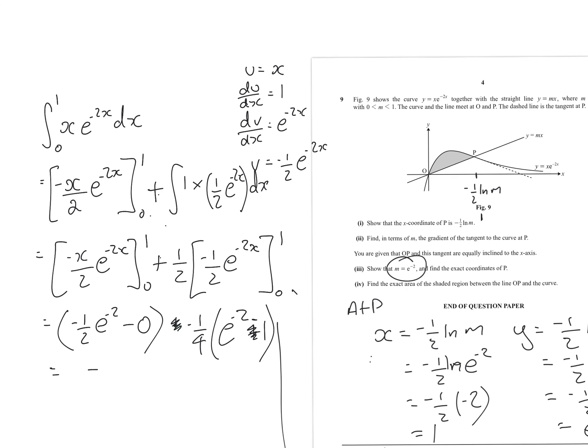So I've got minus a quarter, so I've got 1/4 minus 3/4 e to the minus 2, which I don't know whether they give you that and ask you to show it, or whether it's a... No, they don't. And you've got to work that out. Okay.